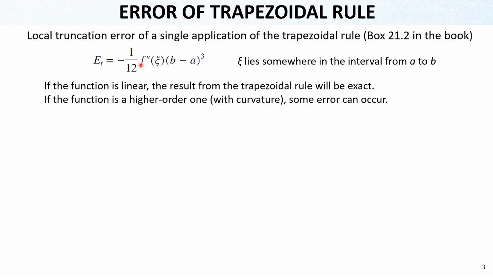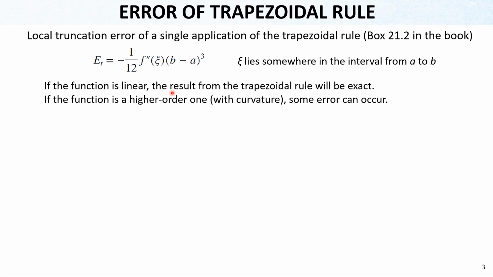That means in the truncated part, the next term is the second order derivative. So this is the true error. And if you remember from the Taylor series, to calculate this true error correctly, we have a psi value which lies somewhere in the interval from a to b, but we don't know the value of it.